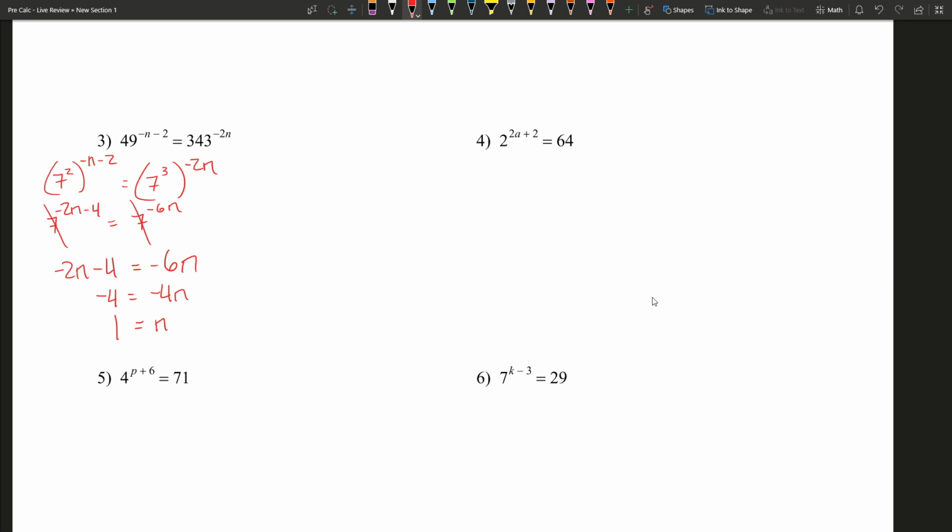Same thing for number 4. We need a common base between 2 and 64. So it has to be 2, because 2 is the only base that is a perfect square. All right, so the left-hand side is going to stay the same.